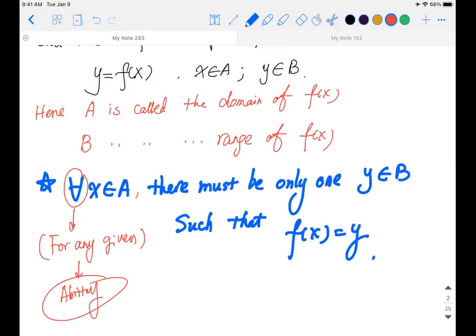For any given element from A, there must be one and only one y from B such that f(x) equals y.